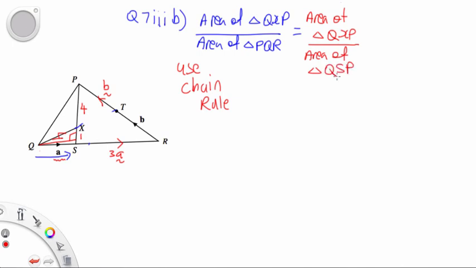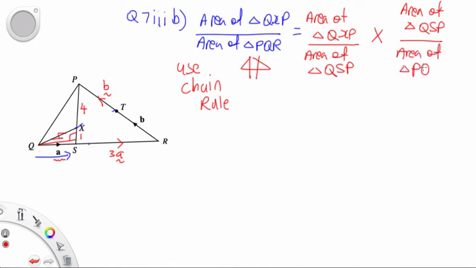In order to obtain what the question wants, you need to multiply this with area of triangle QSP over area of triangle PQR.